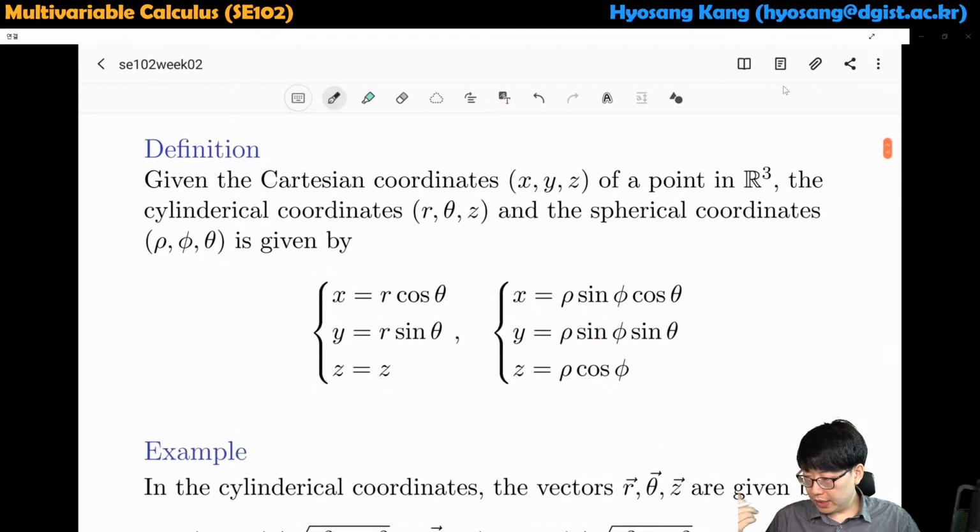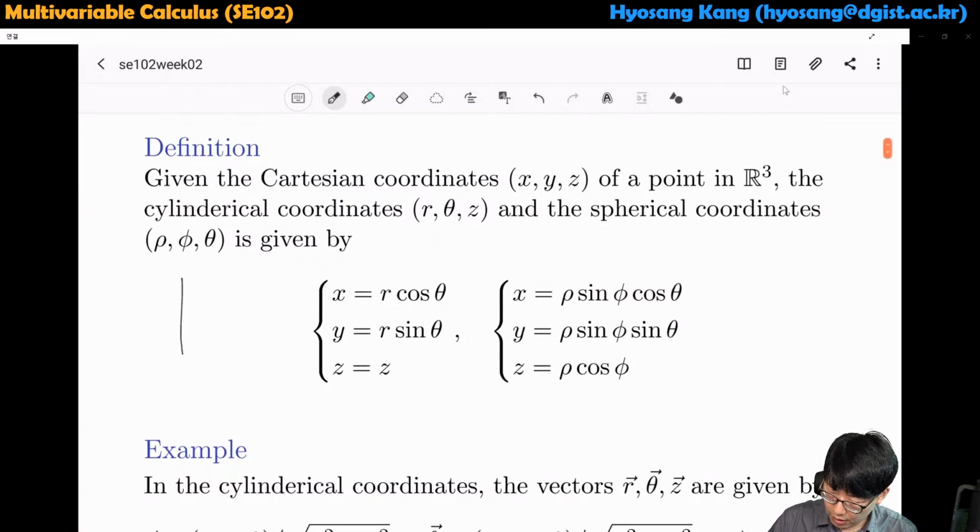Again, let's keep moving on to three-dimensional coordinate systems. There are two famous coordinate systems. One is the cylindrical coordinate system, the other is the spherical coordinate system. The cylindrical coordinate system tries to divide your three-dimensional space into shells of cylinders. So every point can be considered as a point lying on some cylinder of radius r.